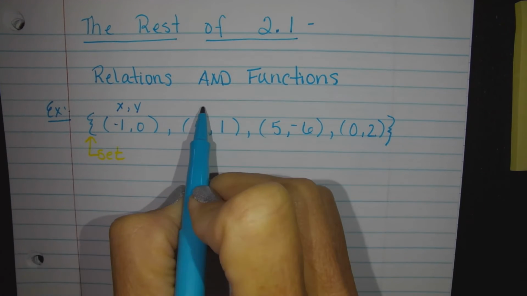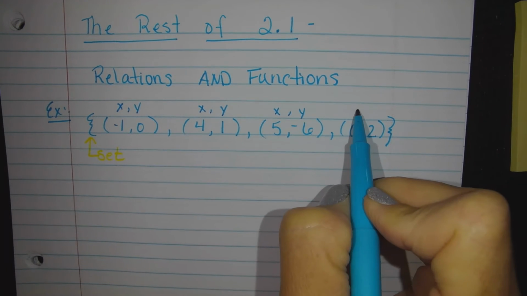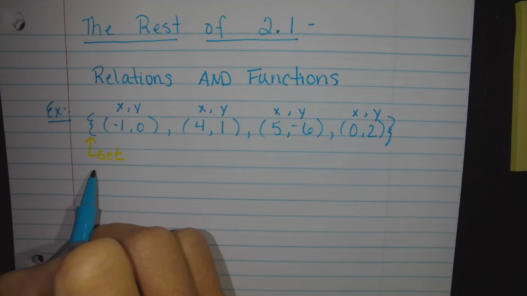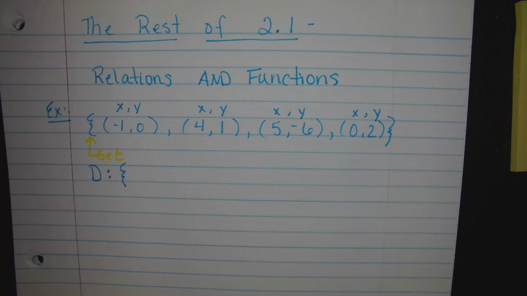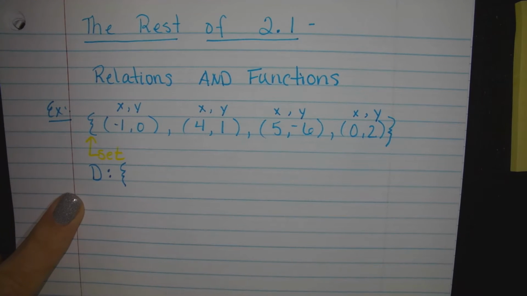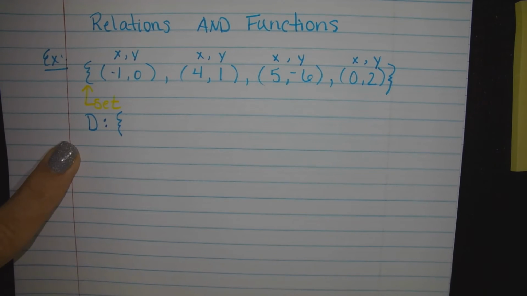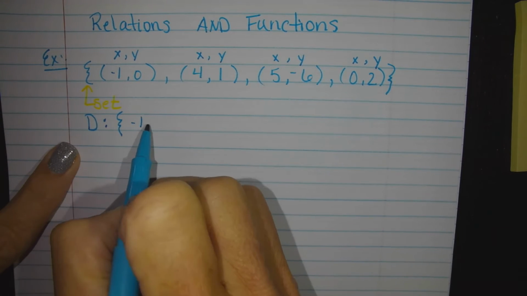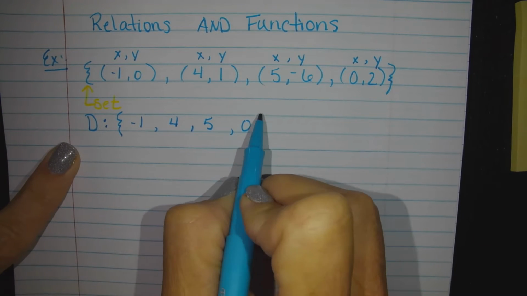Here's our X and Y, right? All right, so the domain for this is as follows. You might remember? It's the X's. So we have -1, 4, 5, and 0.